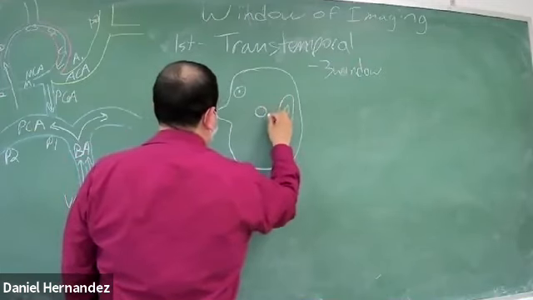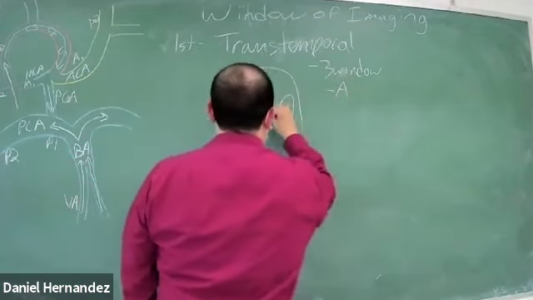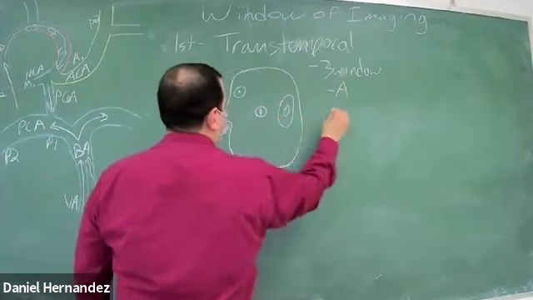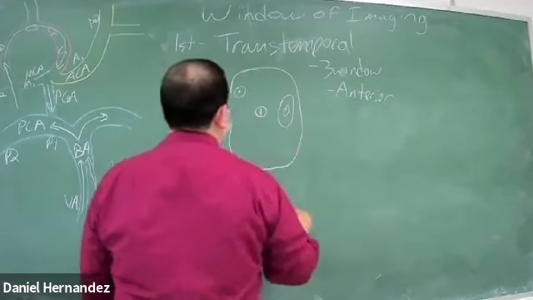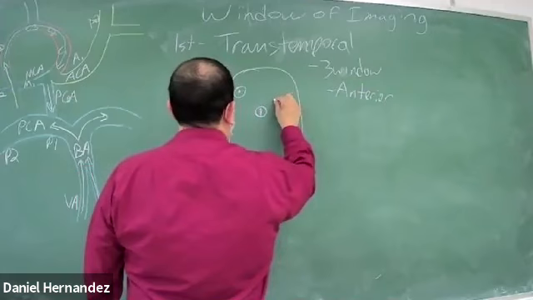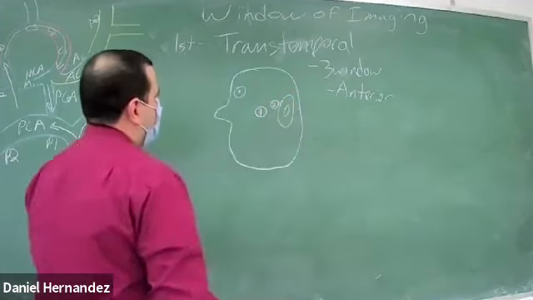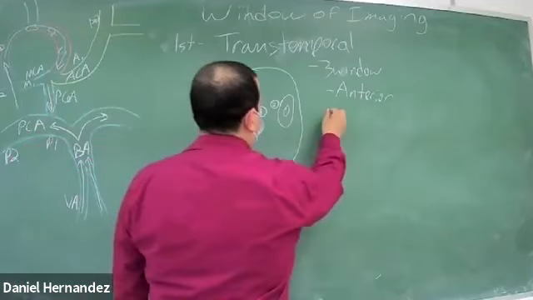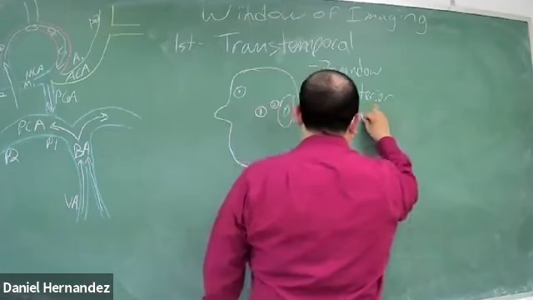We have one that's more anterior. Number 2, which is just in front of the ear, is going to be periauricular.